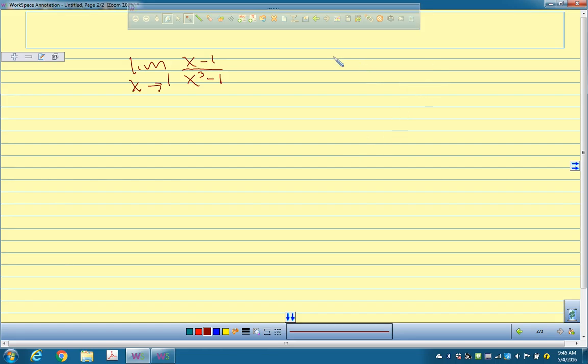There's a couple formulas. I would memorize these formulas, or at least you see them a lot in this class. I think a cubed minus b cubed is equal to a minus b times a squared plus ab plus b squared. Where did that come from? It's just a formula.